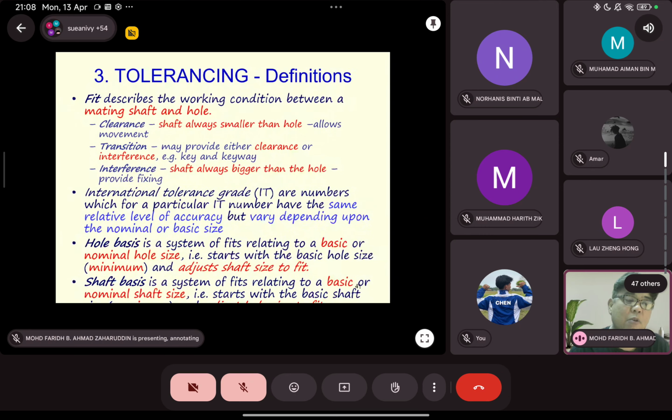And some of them will ask, what is the condition after we fix by using the interference? It's similar to welding. Dia punya strength dia sama macam weld. Sangat-sangat kuat.